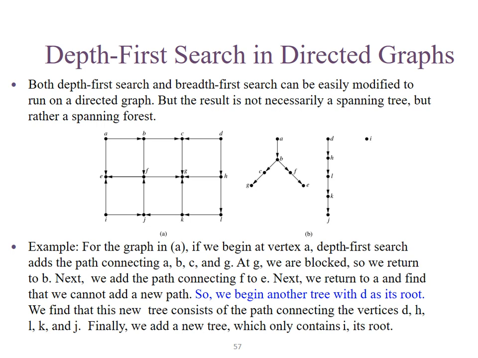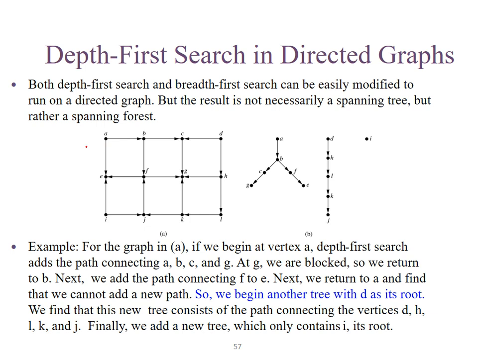Next, let's see what happens when we apply depth first search or breadth first search to a directed graph. All right, so let's see the conclusion first. The result is not necessarily a spanning tree, but maybe we will have a spanning forest. Let's see.